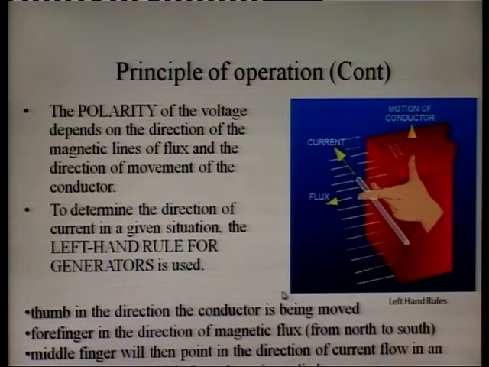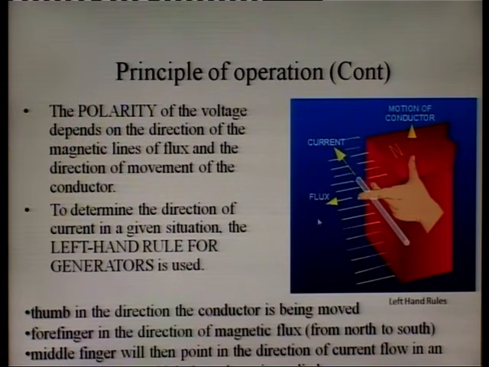The polarity of the voltage depends on the direction of the magnetic lines of flux and the direction of movement of the conductor. The polarity of voltage or current induced depends upon the direction of motion of the conductor and the direction of magnetic flux. To determine the direction of current in a given situation, the left hand rule for a generator is used.